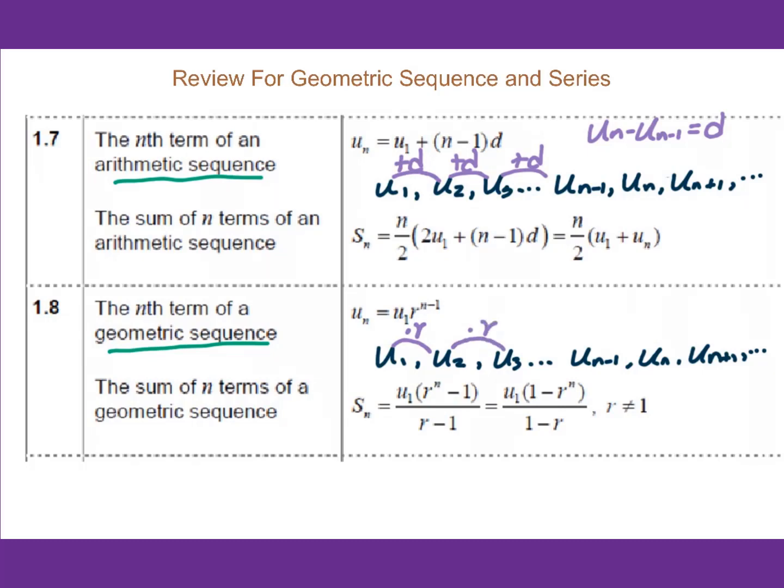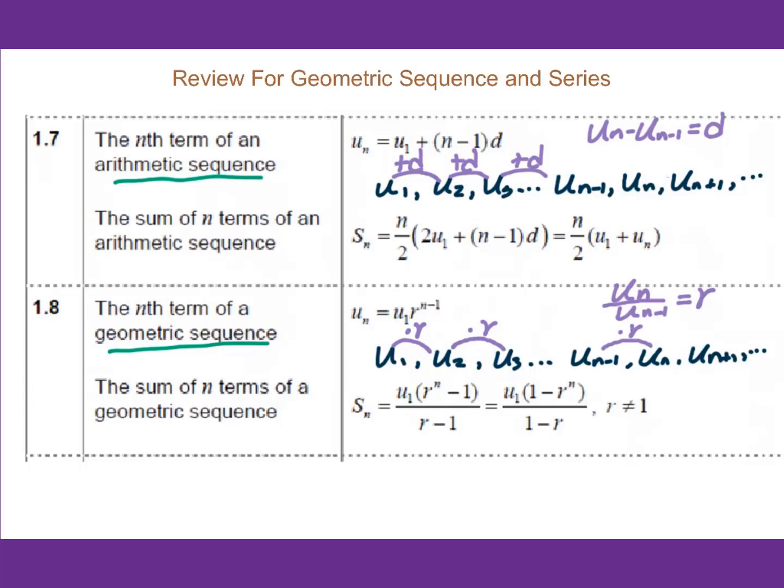We call this a geometric sequence. In other words, we can write u sub n over u sub n minus 1 equals r. Then this is a geometric sequence. This r we call the common ratio.